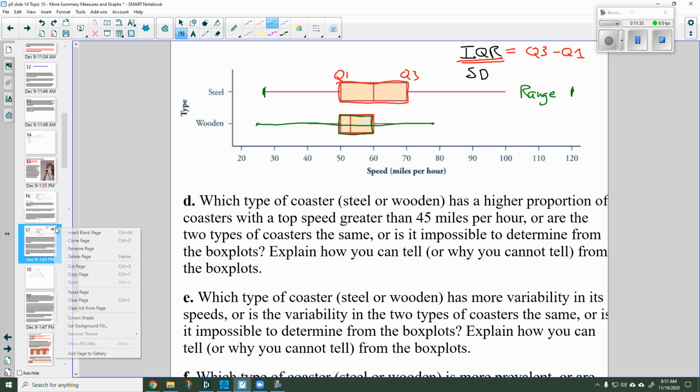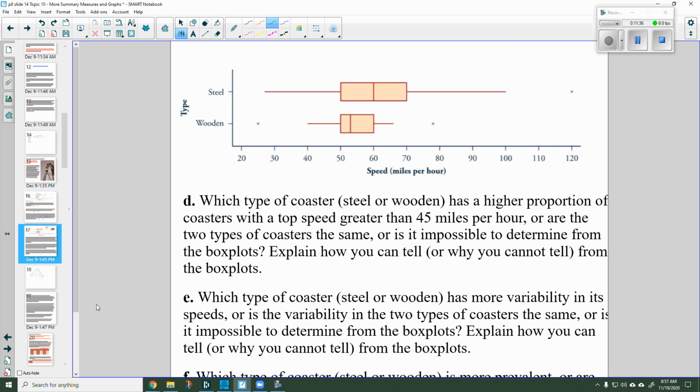So just to give another quick example, let's say I had another type of roller coaster, paper roller coasters. I know that's unrealistic, but let's just dream with me for a minute. And let's say their box plot looked like this. Well, certainly you can see that the range of the paper roller coasters is much greater than the range of the steel or the range of the wooden.